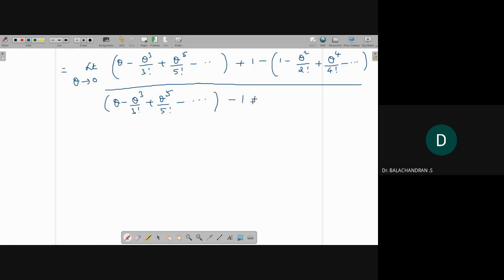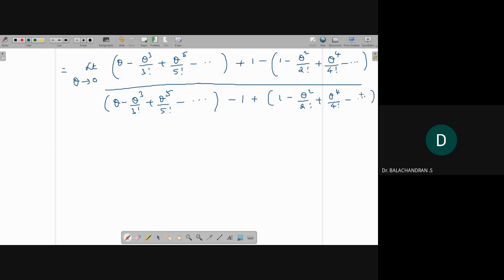Then plus 1 minus cos theta. Cos theta expansion is 1 minus theta square by 2 factorial plus theta power 4 by 4 factorial, minus and so on. Divided by sine theta expansion, which is theta minus theta cube by 3 factorial plus theta power 5 by 5 factorial, minus and so on. Then minus 1, and then plus cos theta expansion, which is 1 minus theta square by 2 factorial plus theta power 4 by 4 factorial, minus and so on.